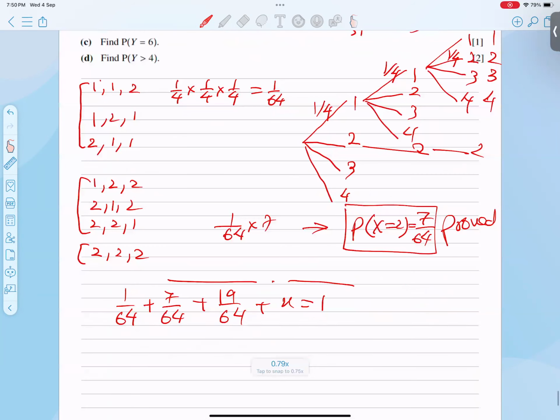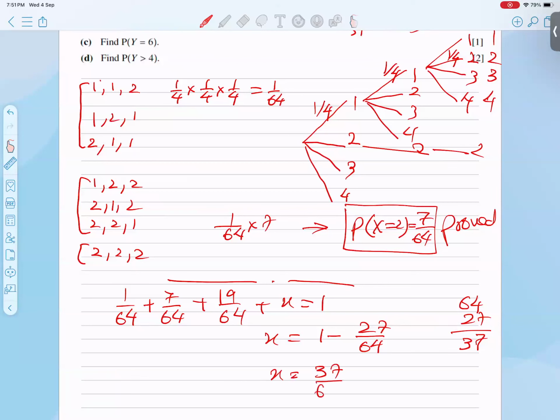I will add them all, so 19 plus 1 is 20, plus 7 is 27. So x is equal to 1 minus 27 over 64. From 64, subtract 27, and I got 37. So this becomes 37 over 64.